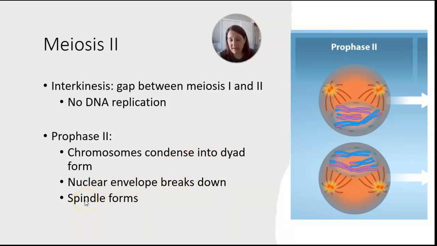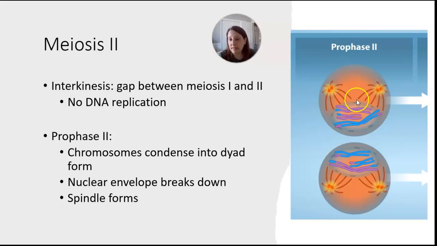The meiotic spindle will form, and you can see here, these are animal cells, so there's centrioles at the heart of the meiotic spindle. Same thing over here. Here's another set of centrioles, and there's that meiotic spindle forming. In this nucleus, I have 1, 2, 3 dyad chromosomes, and you can see that there was some crossover that happened.